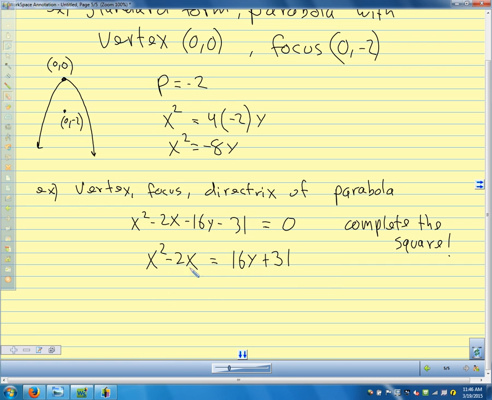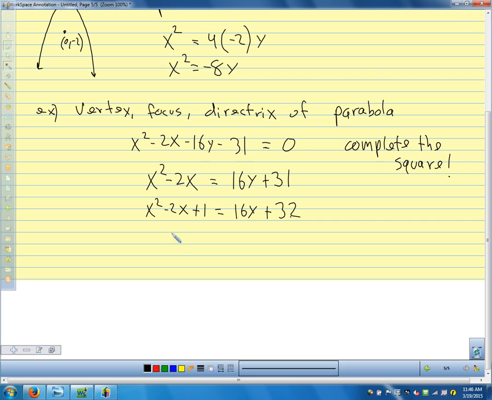Now complete the square on this x part. So I get x squared minus 2x plus 1 equals 16y plus, I'm going to add the 1, so I get 32. Now I get a perfect square here, x minus 1 squared equals, in standard form, I need everything factored out, so I get 16 times y plus 2.